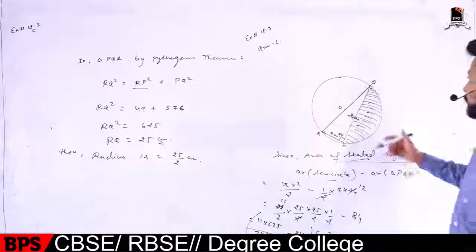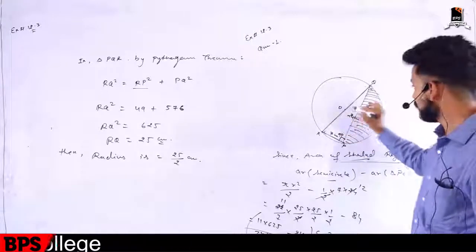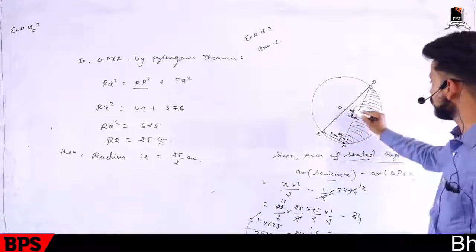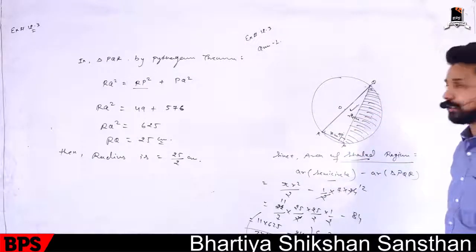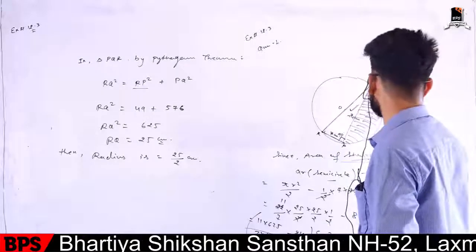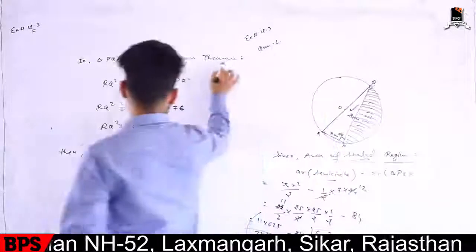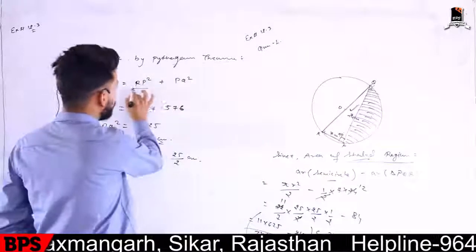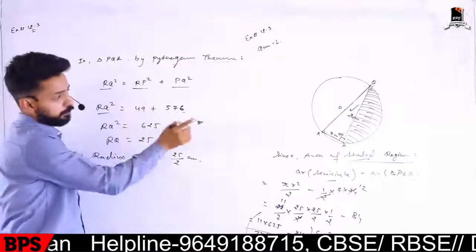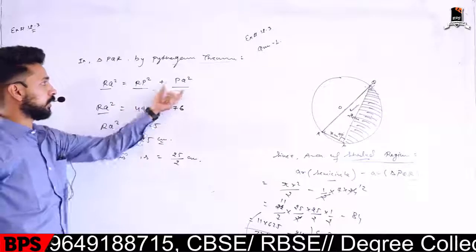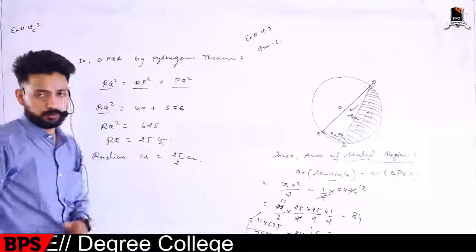Now again, area of shaded region is area of semicircle minus area of triangle PQR. Triangle PQR is a right angle triangle. We have to find the radius of the circle, because they have not given the radius. In triangle PQR, by Pythagoras theorem, RQ square is equal to RP square plus PQ square, 49 plus 576, RQ square 625, RQ is equal to 25 centimeter.